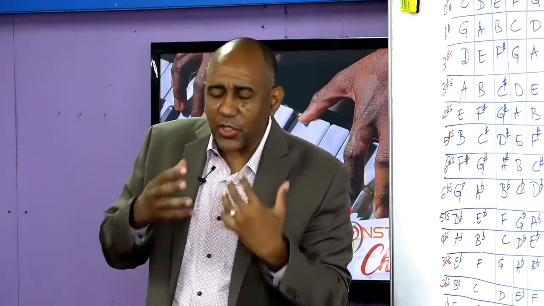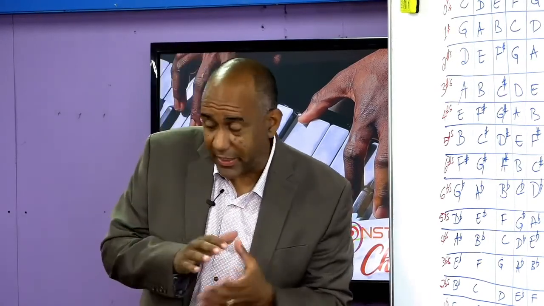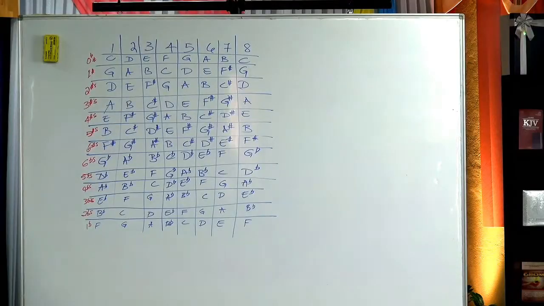There's a certain way that you're going to play the scales by using your fingers properly. So let's start with the C scale. Now the C scale, if you look at the chart, how many flats or sharps do we have in the C scale? Very good. No flats, no sharps.